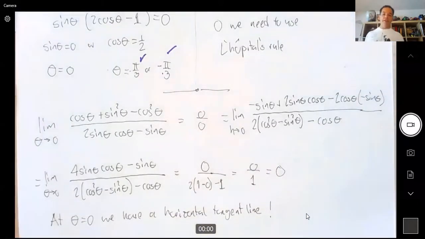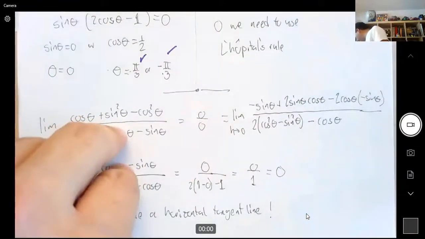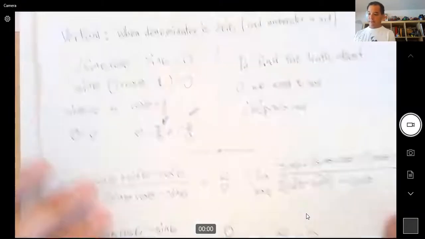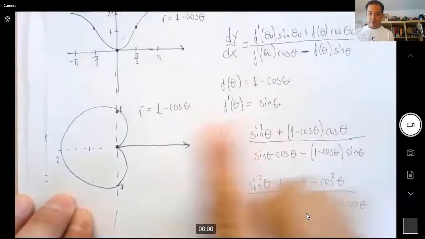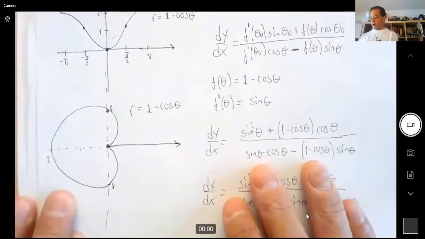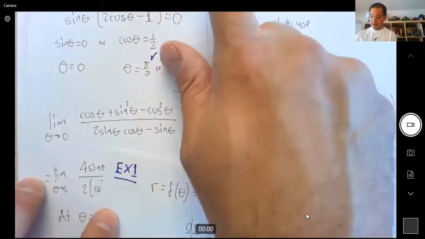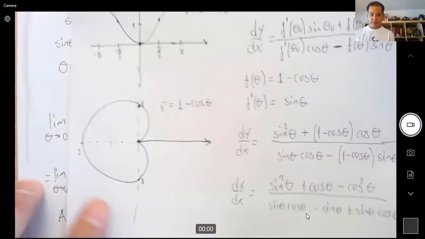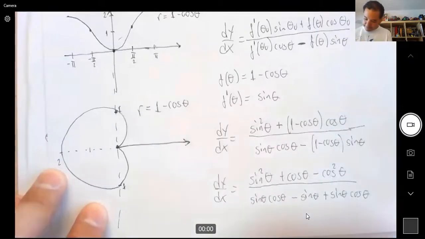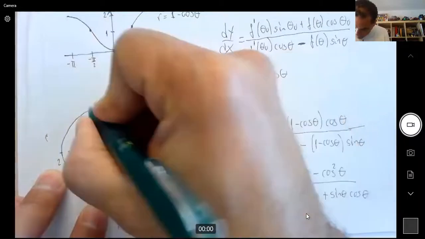All right. Now let's check that this works with our picture. So here's the picture that we created before, right? According to our results, we have horizontal tangent lines at 0, 2 pi over 3, and negative 2 pi over 3. So at 120 degrees, that will be right here, 2 pi over 3. And that's true.